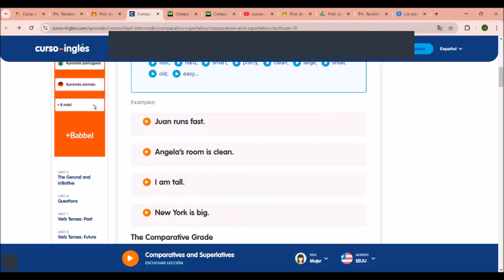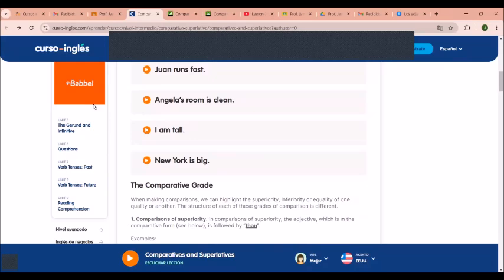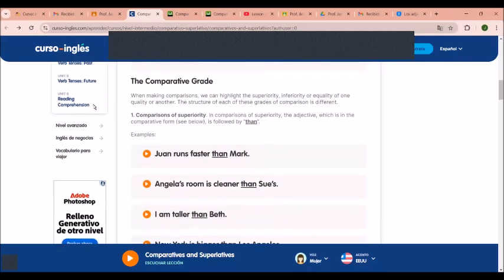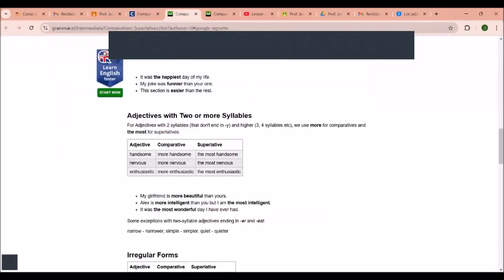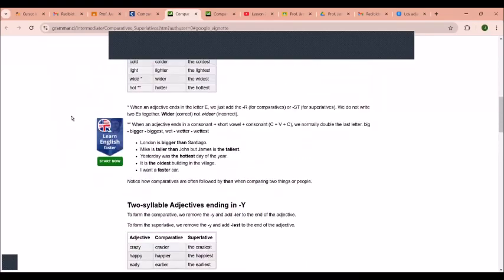If we have two people or two rooms or two cities, then we would compare. And that's where we get into the comparative form. Now, comparative forms basically are looking at one thing with another.